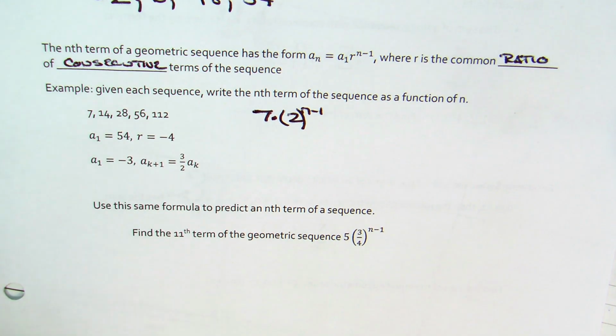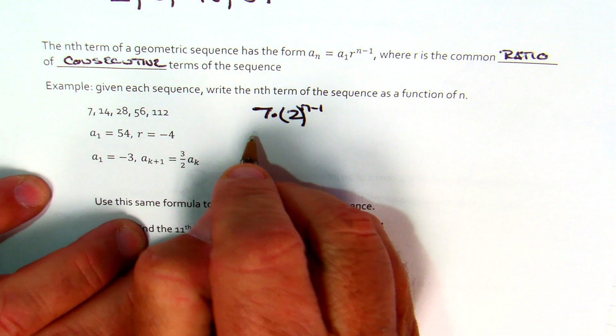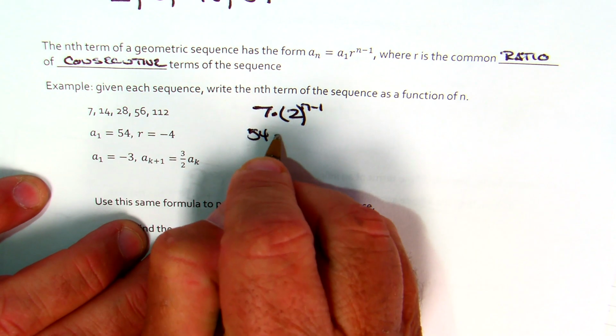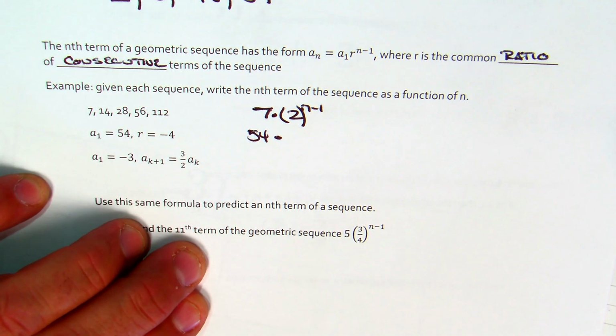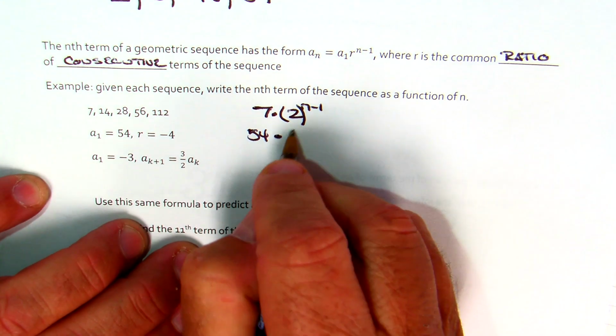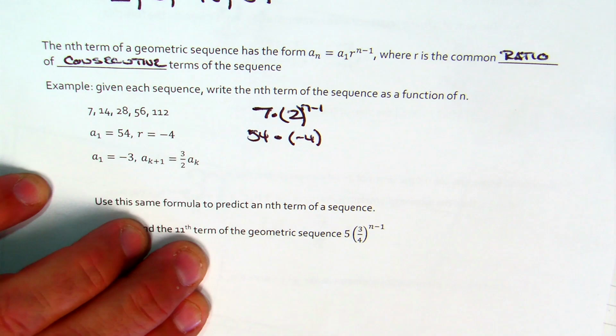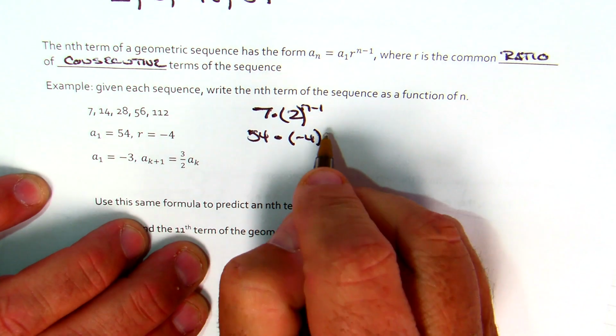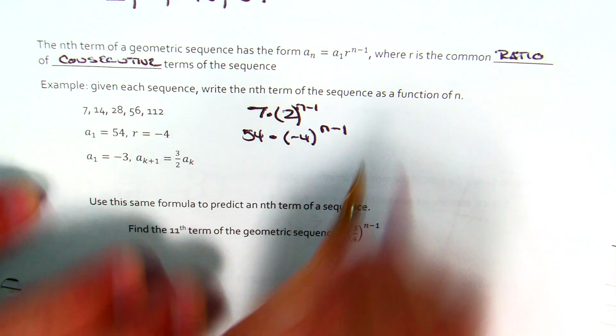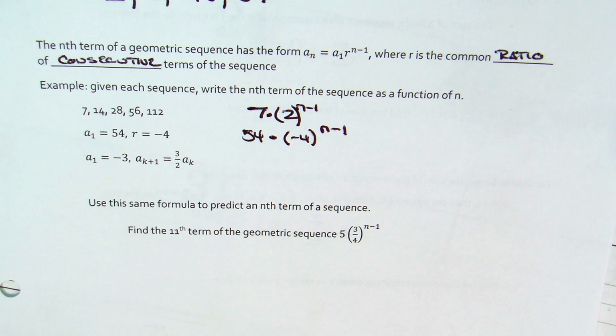If we look at the next one, are they giving me the first term? Yeah, 54. Are they giving me the common ratio labeled with an R? Absolutely, -4. And then once again, what do you simply use as your exponent? N minus 1. The last one is a recursive sequence. It's defined by the previous terms.